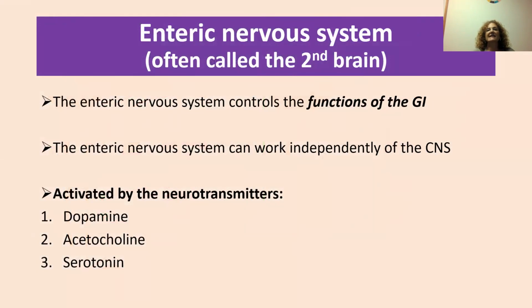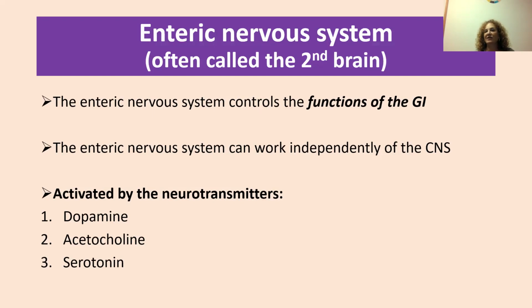And last on the list is the enteric nervous system. This is also part of the motor system. It's a less talked about system, but it's very interesting because they also call it the second brain, because the nervous system that runs the GI requires its own system due to its very complex nature and its necessity for daily function.